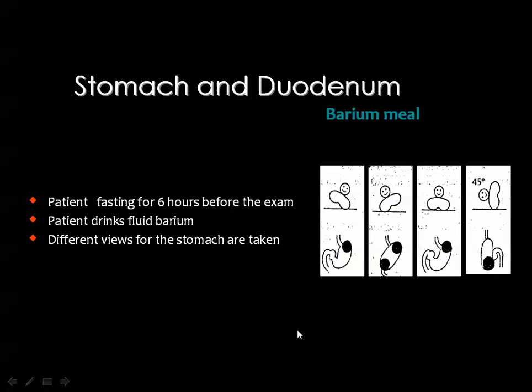And you all know that in the previous days we used to examine the stomach by barium, and we used to give some barium fluid to the patient, and we put the patient in different positions on the radiographic table, aiming at examining the stomach, partly filled with barium and partly filled with air along the different parts of the stomach.